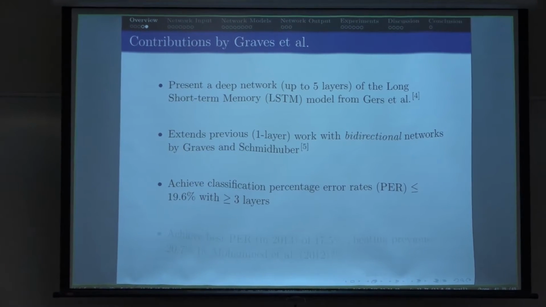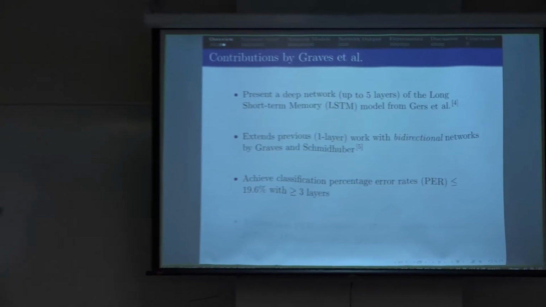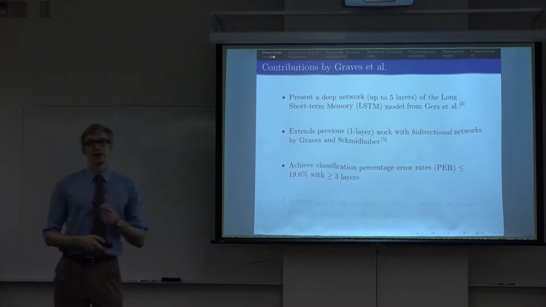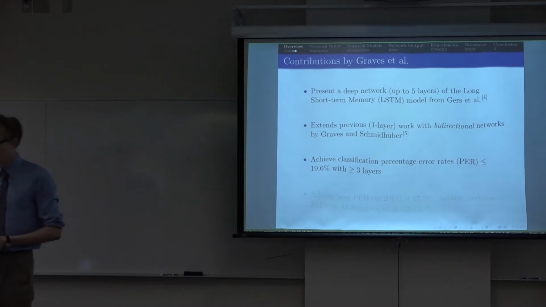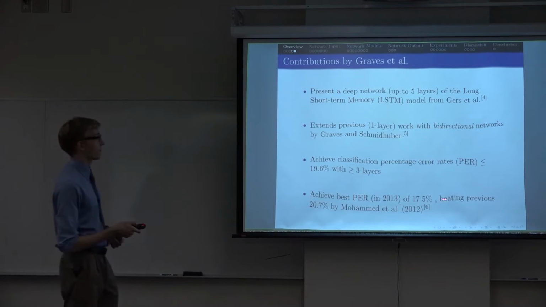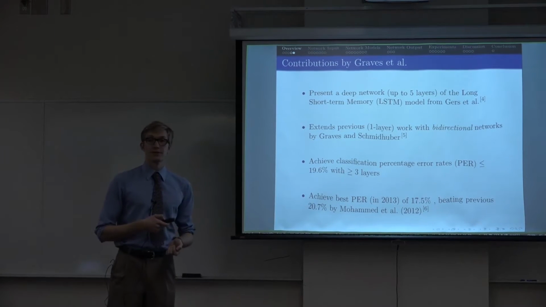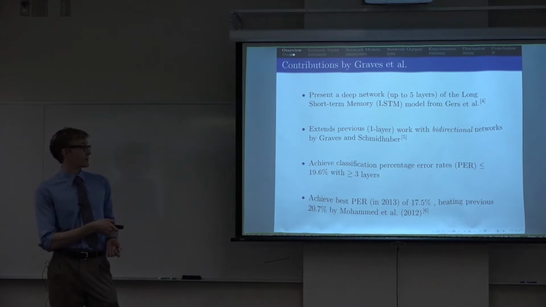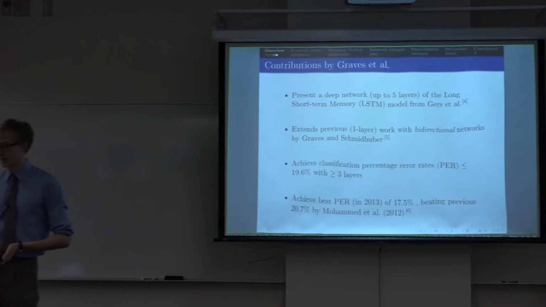And so the important thing is that with increasing numbers of layers, they get very good results, and the best error rate that they actually achieve is 17.5%. This beats a previous result by one of the authors of this paper, Mohammed, fairly significantly in this current formulation.